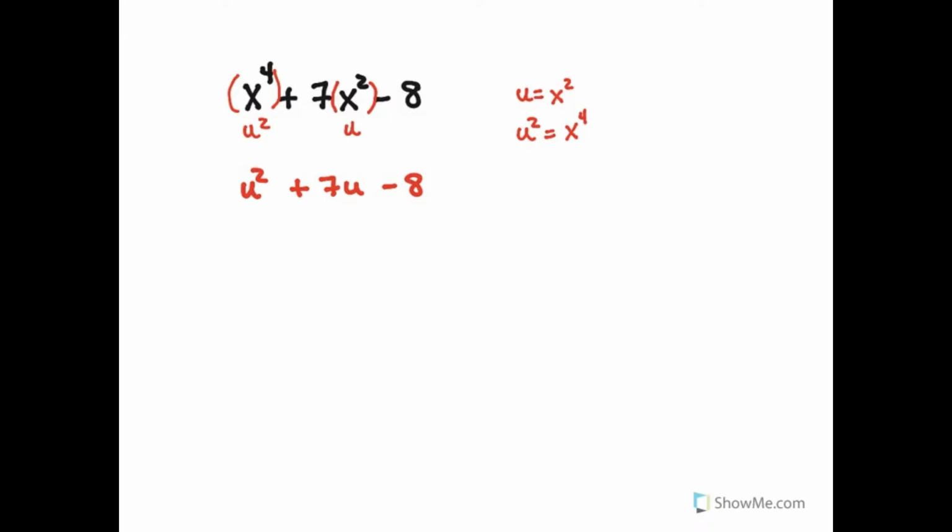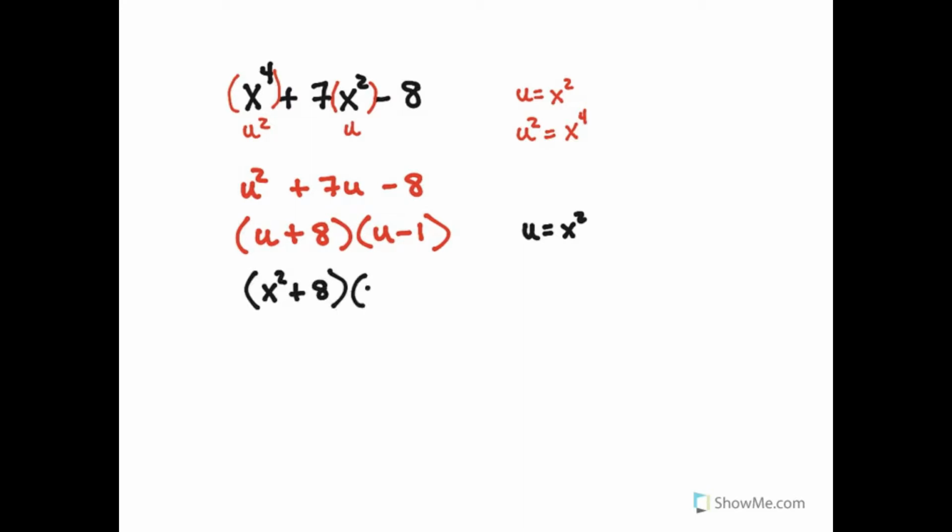It's quadratic. It factors to u plus 8 times u minus 1. But I can't leave it like that. The original expression was in x, so I rewrite it. u is equal to x squared. So this says x squared plus 8 and x squared minus 1.